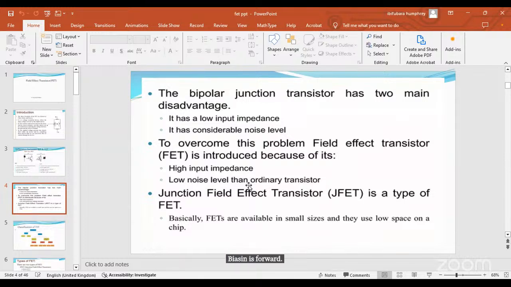But for FET, at the input, the biasing is reverse. So that gives it a high input impedance, and that also leads to a low noise level.